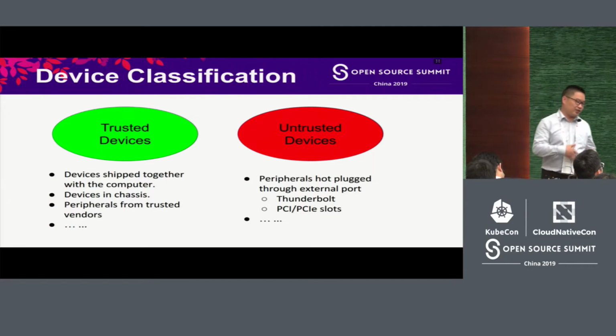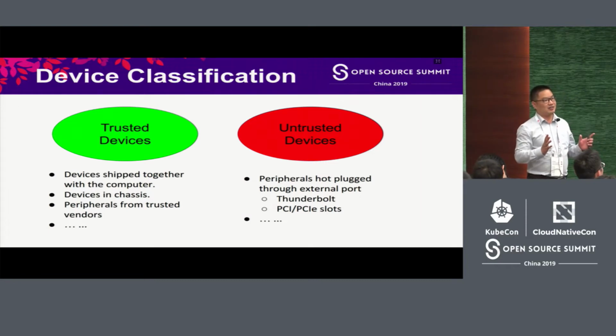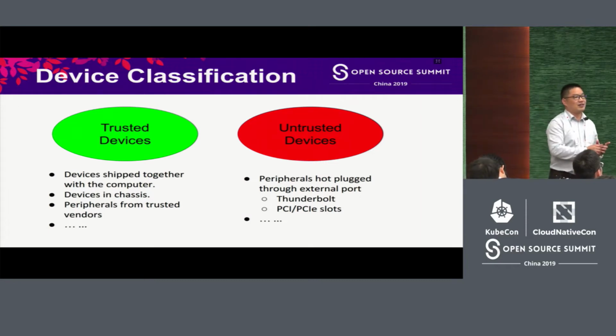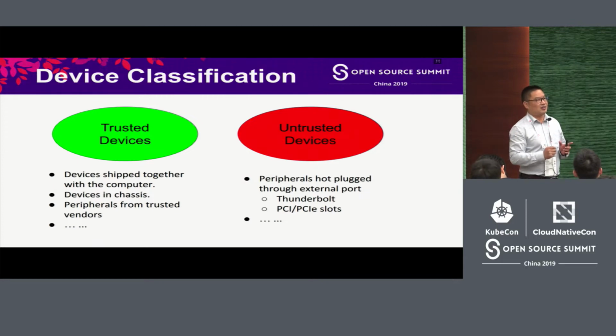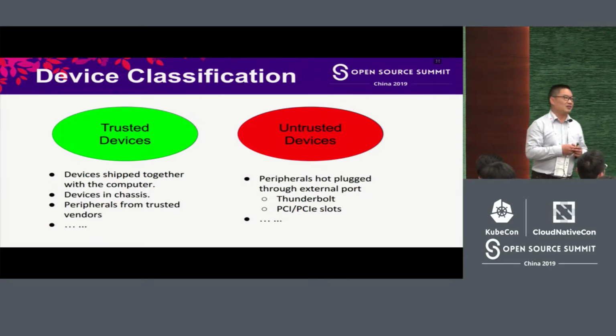So after all this information has been presented, how can we classify these devices? The Linux kernel and Linux communities have their own classification for devices. They think that all the devices are trustworthy, and we think that some of the devices might cause security issues. We have two categories for them.